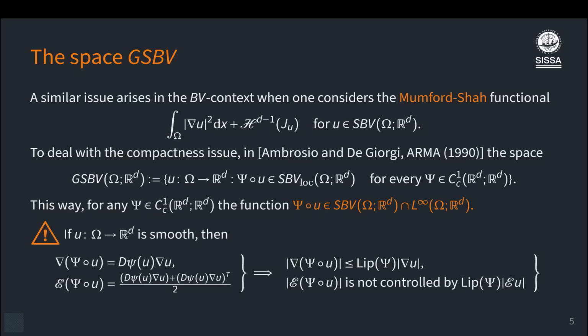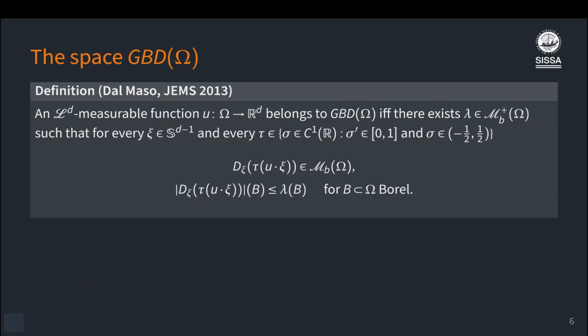And this is where a work of Dal Maso comes into play. He realized that truncations were fundamental to deal with this problem, but one had to be more subtle about this.